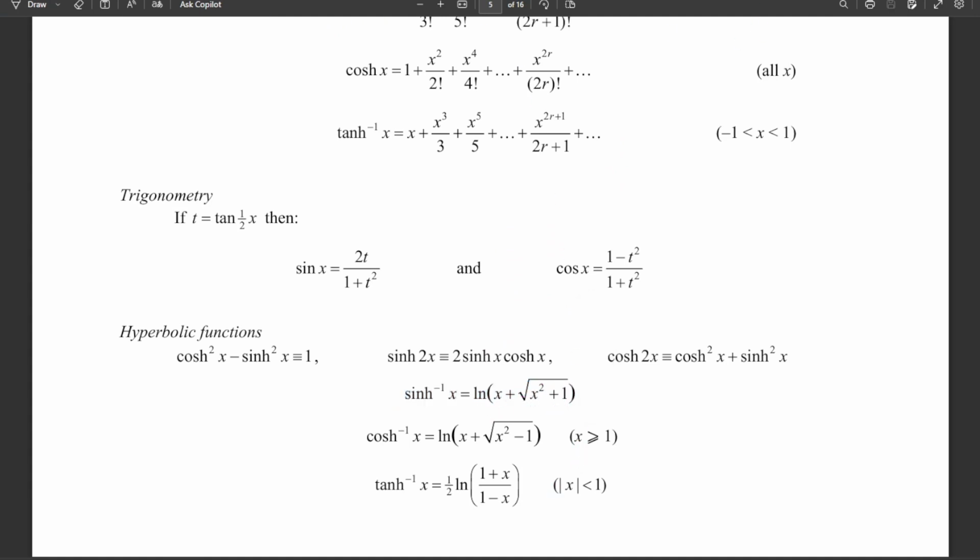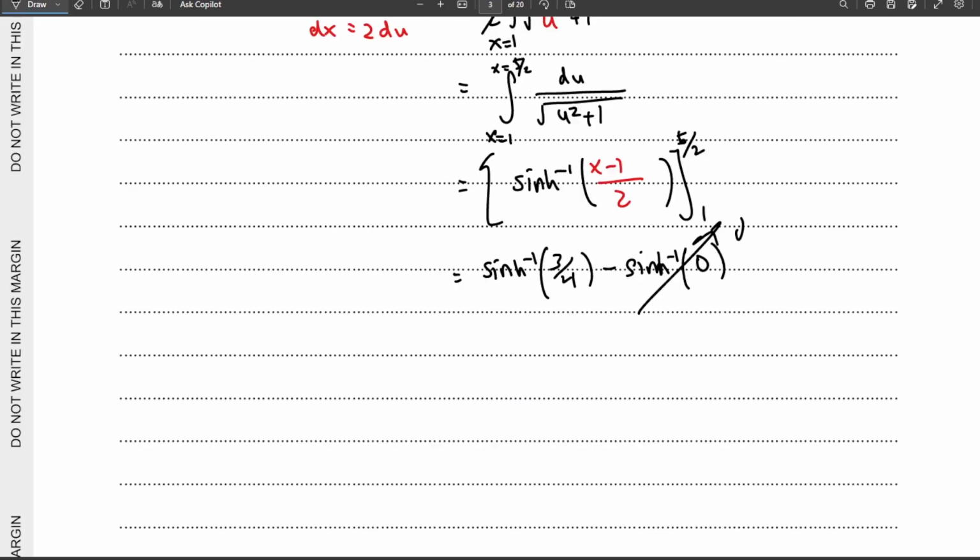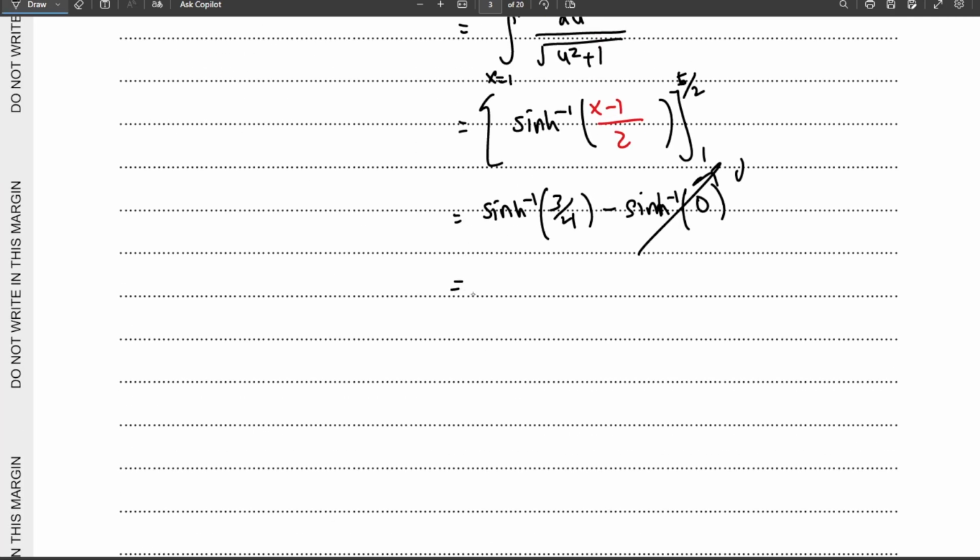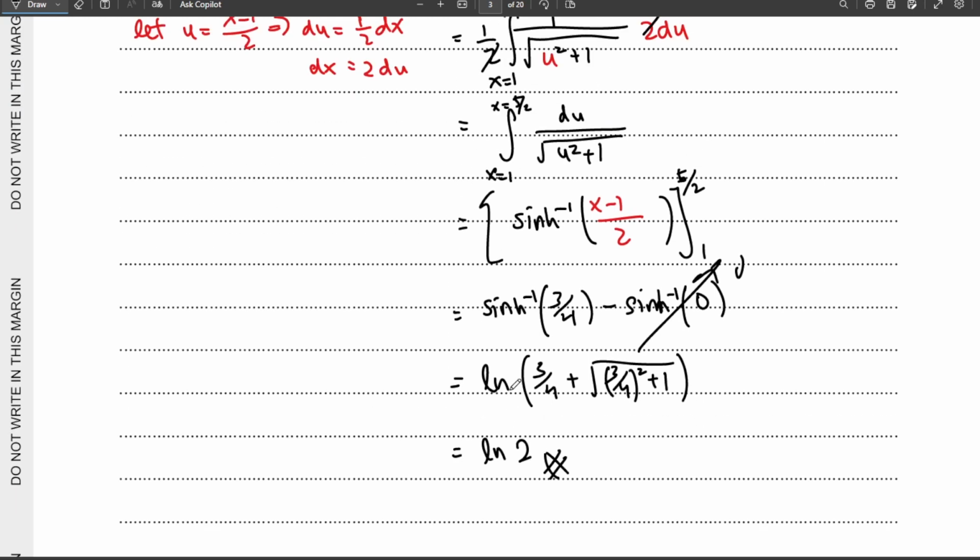So we use this relation and we get the natural log of 3 over 4 plus the square root of 3 over 4 squared plus 1. In the end you should be able to get the natural log of 2 as the final answer.